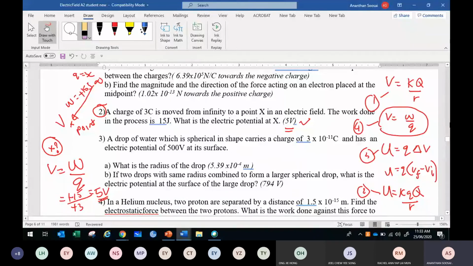Try to get the answer inside the bracket.